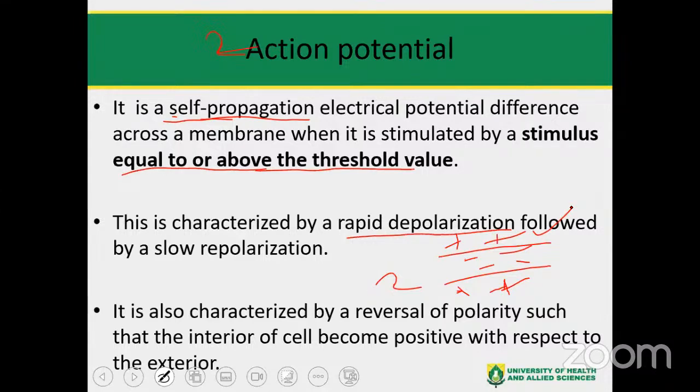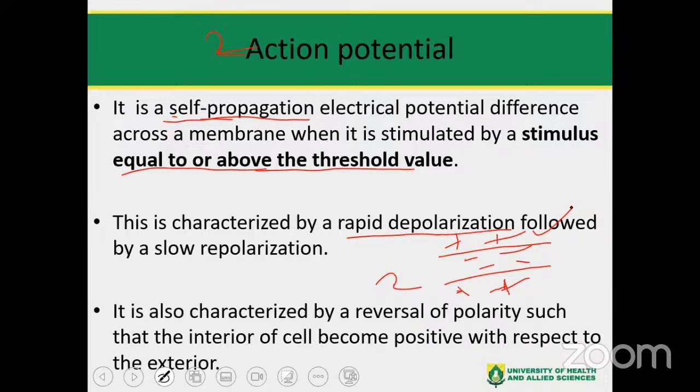So when there is stimulation, depolarization, that means at this moment, when it's resting, it's polar. Then we have positive pole and negative pole. But when it is stimulated, the polarity that was there will not be there, it will become depolarized. That is what it means. It's no more polar.